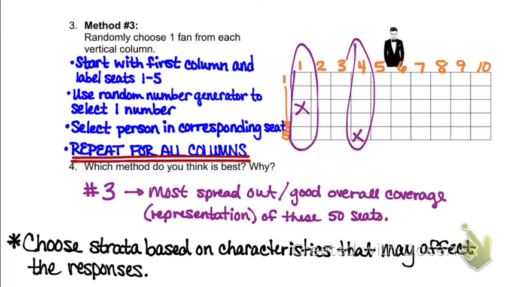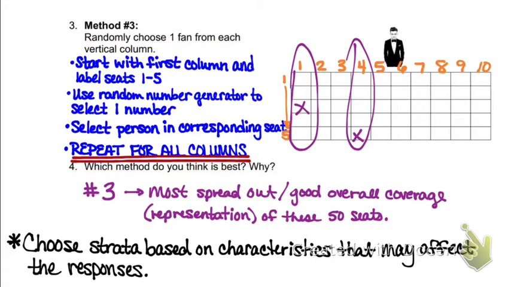So as you're thinking about things that would affect people's enjoyment level of the show, what do you think people are going to think if they're closer to the stage? They like it more. Probably like it more than people that are farther away.